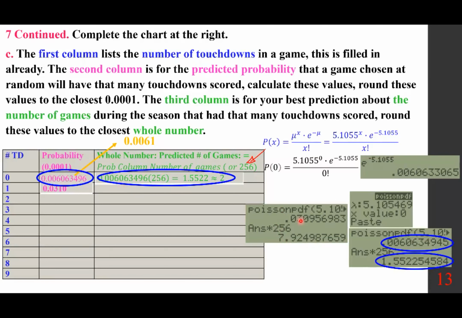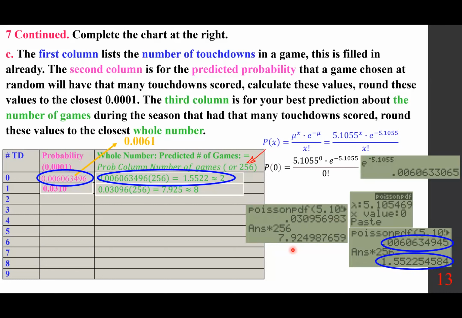This one, 0.03009. Because next to it is 5, this changes to 10, so you put 0.310. I hope you see that. Look at this number. Now multiply this one by 256. You get 7.92. And 7.92, we are going to write 8 because we want to go with the whole number.